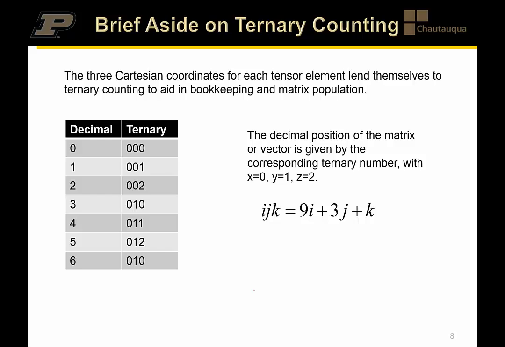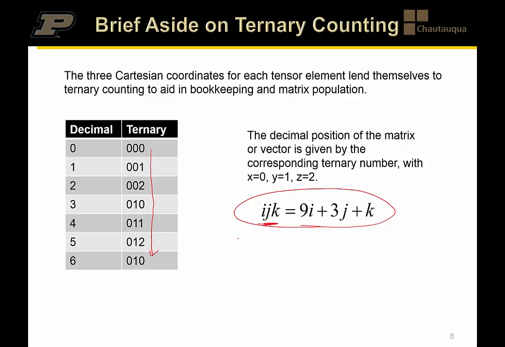And the decimal position of any ijk tensor element, if I want to vectorize it, is going to be given by this ternary counting algorithm. You remember binary counting. Well, we have x, y, and z possibilities for each individual index, and we have 3 of them. So the ternary counting system goes as shown here to the right of this table, and this basically counts all the way up from 0 to 26, where 26 would be the last element.